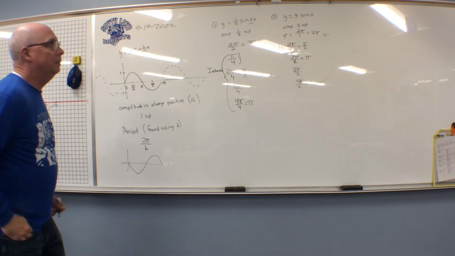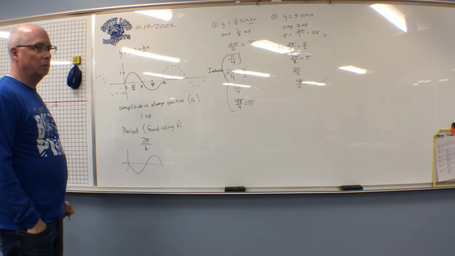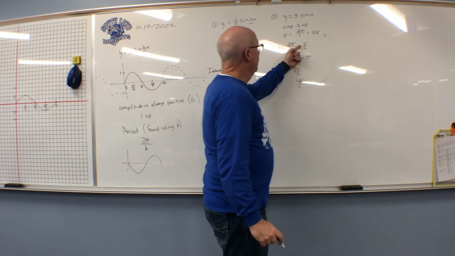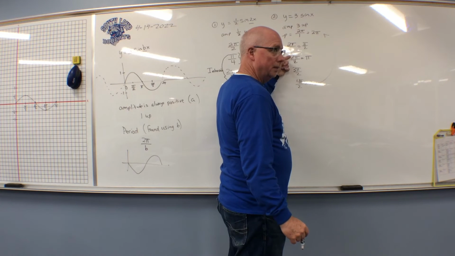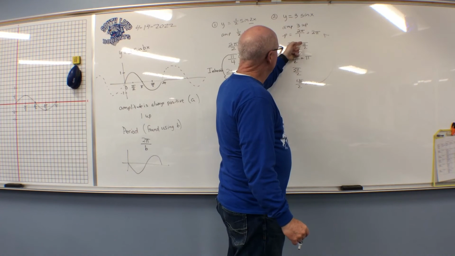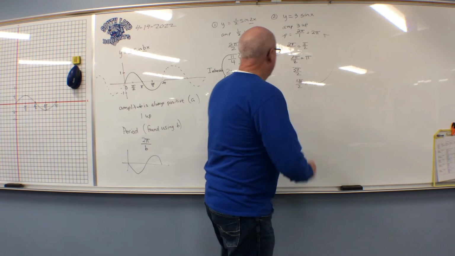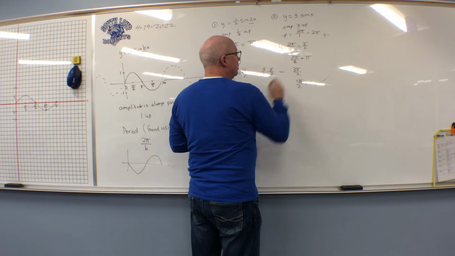Okay, what's wrong, Lauren? Question? What's confusing? The third one, did you take times? Okay, I took this first one, but to get the second one, I took 2 times it, and the 2's cancel. Then the third one, I take 3 times it, 3 times pi over 2. If you take 3 times pi over 2, it's 3 over 1 times pi over 2, which is 3 pi over 2.